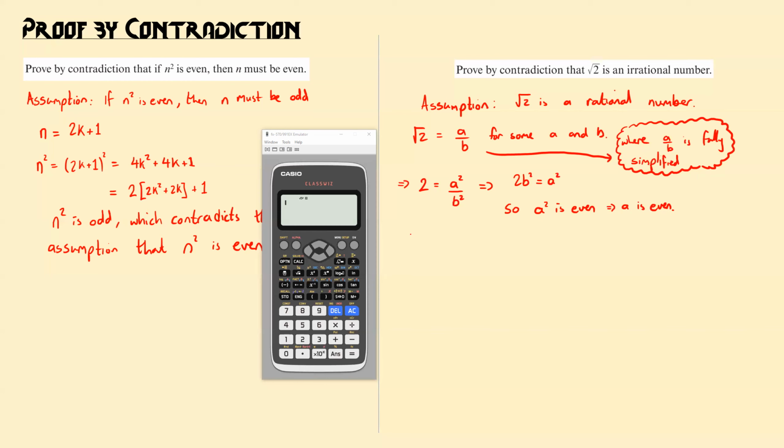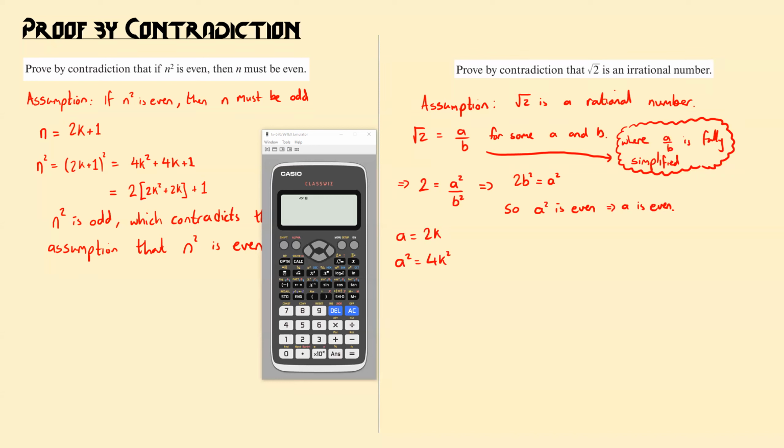So if a is even, that means I can write a as, let's say, 2 times k. If a is 2k, then what is a squared? That must be 4k squared. And if I know what a squared is, I know what b squared is, because it's just double that.